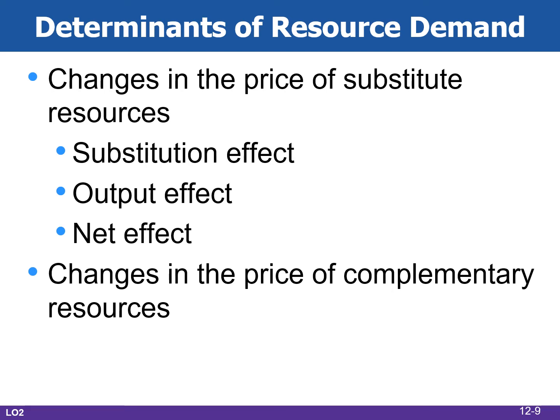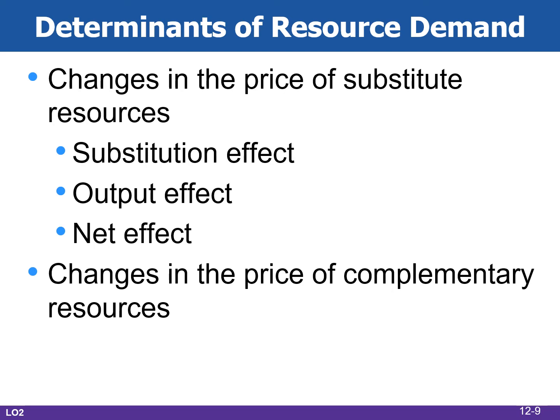Simply put, if the substitution effect is greater than the output effect, meaning that the firm has decided that the significant decline in the price of machinery makes capital a far more attractive type of economic input resource, even though it increases output by a certain level, most likely labor demand will decline.